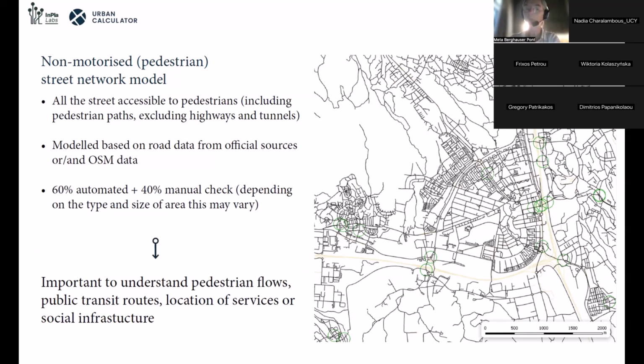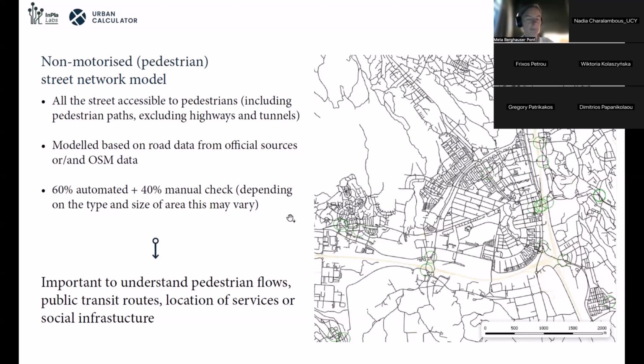Many of the motorized streets that are accessible for cars are also accessible for pedestrians and cyclists, of course. So they are present in both models. This one is also built on official sources and OSM data. In this case, it's 60% automated, but there is more manual check required for preparing the data set for this one.